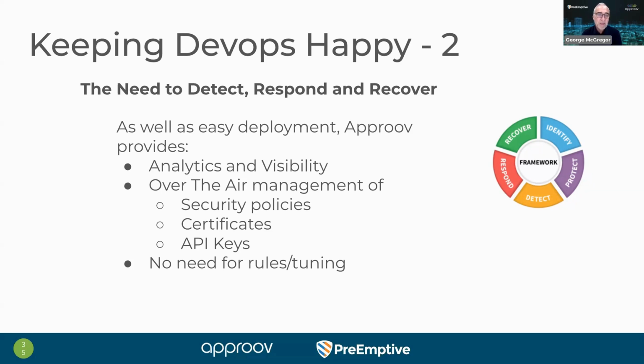And then we've mentioned that the over-the-air management of things like security policies and certificates and API keys is absolutely critical, so that you can respond. The breaches from online repositories or cloud repositories are happening all the time. You need to be able to very quickly rotate certificates and API keys when something goes wrong, so that you can keep your service running.